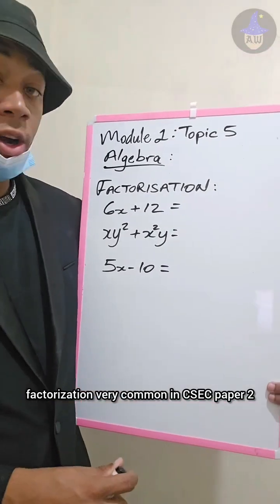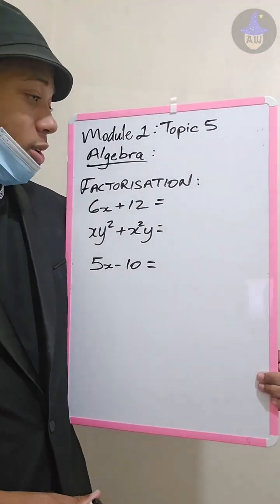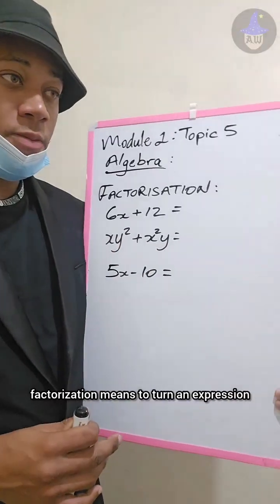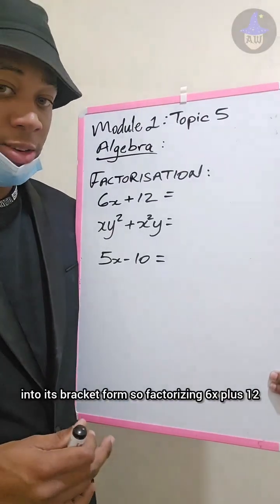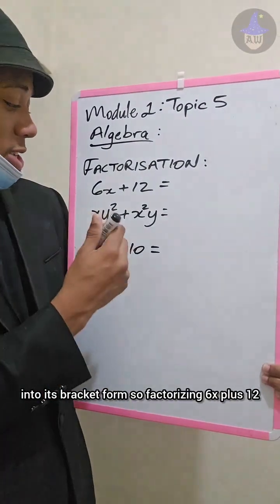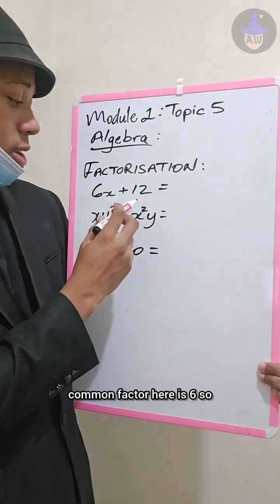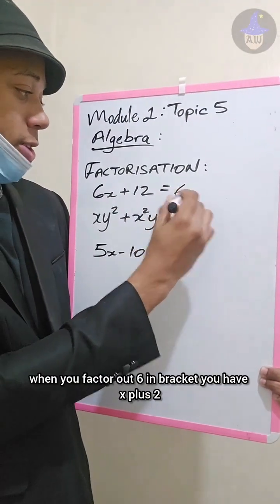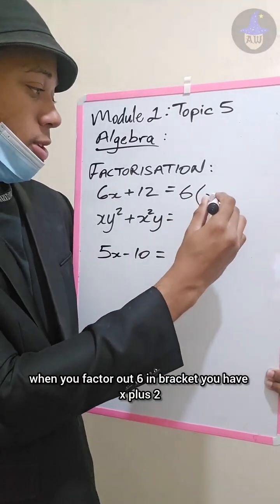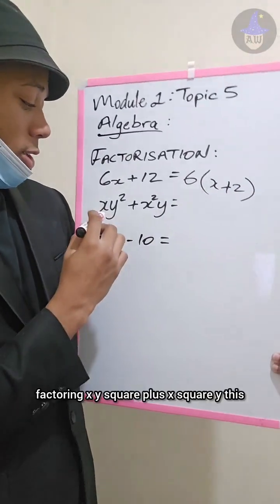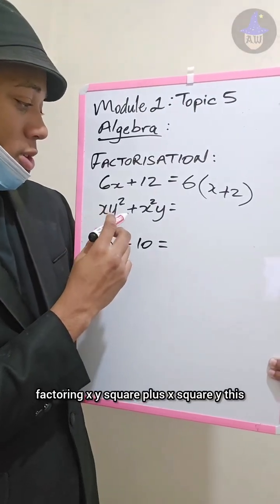Factorization, very common in CSEC paper 2 and also paper 1. Factorization means to turn an expression into its bracket form. So factorizing 6x plus 12. Common factor here is 6. So when you factor out 6, in bracket you have x plus 2. Factoring xy squared plus x squared y.